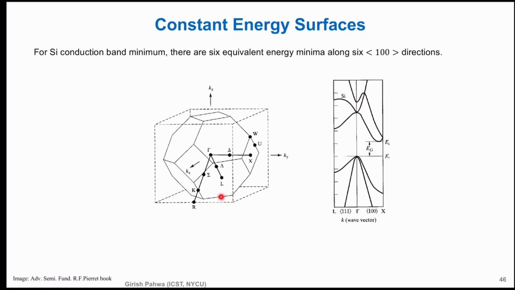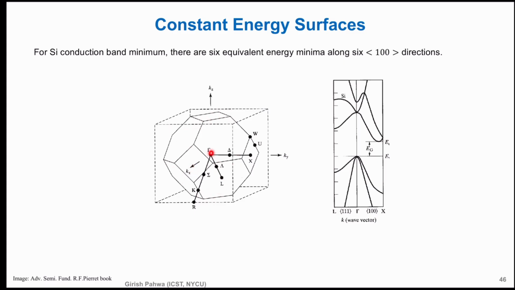Now silicon has an FCC-like structure, a diamond structure, but two interpenetrating FCC lattices. So what will the reciprocal lattice be? It's BCC. So the Wigner-Seitz cell, if I draw, will look like this.